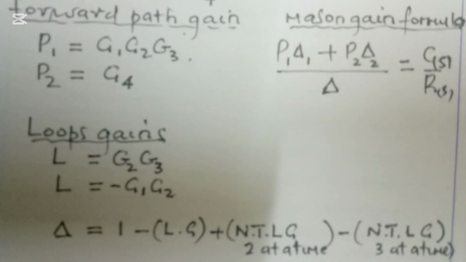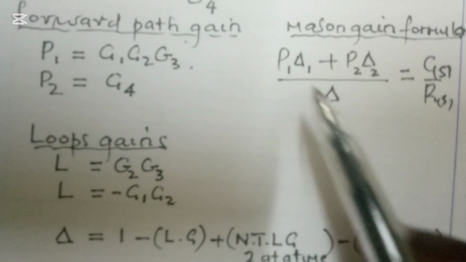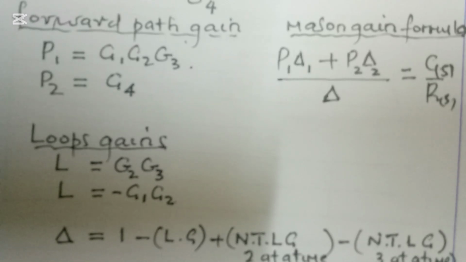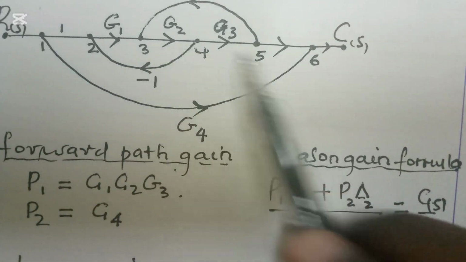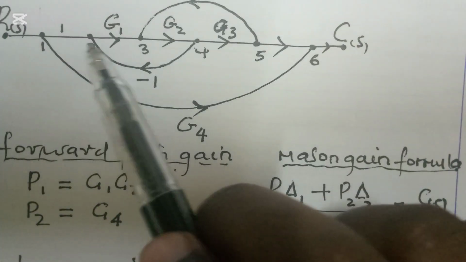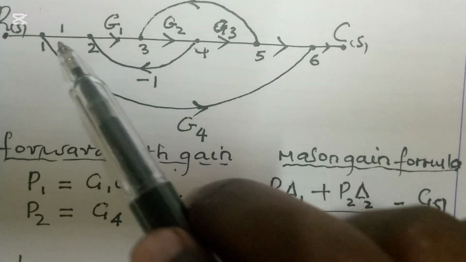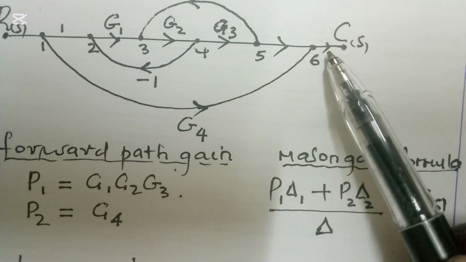Now for delta 1, here we have delta 1. Delta 1 is equal to delta when path 1 is removed. Guys, if we were to remove this path 1, we remove the nodes, we remove the branches, you will find that we shall have no loops.